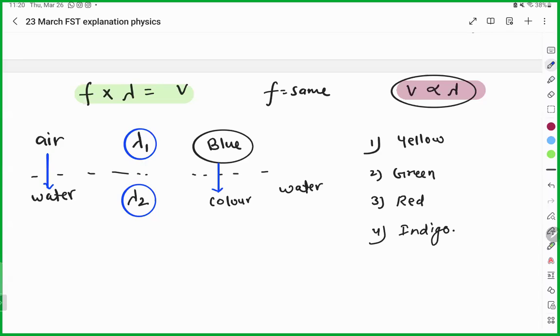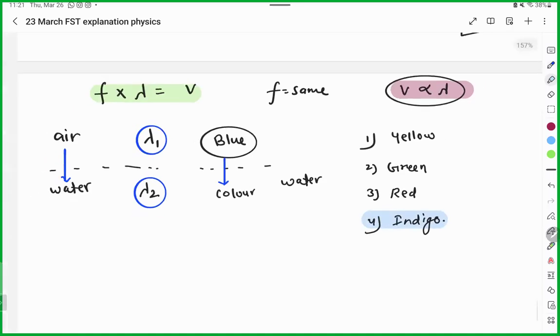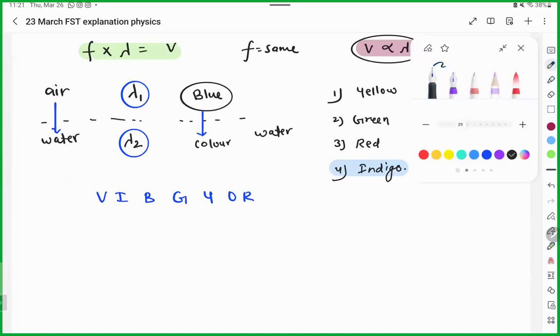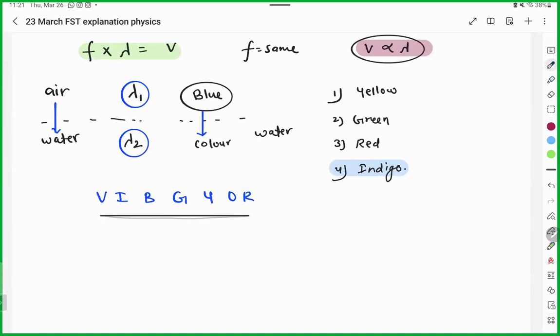So I don't think the color would change as it transitions from one medium to another. Why? Because you know VIBGYOR. In case of VIBGYOR, you know wavelength is increasing.